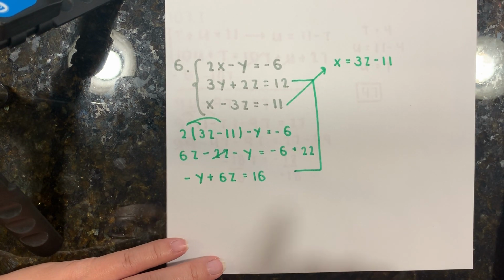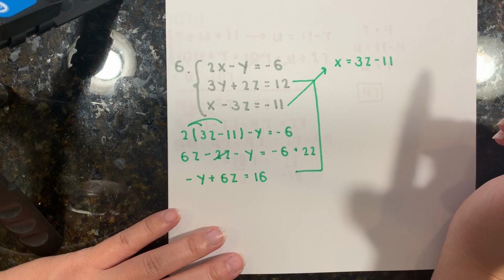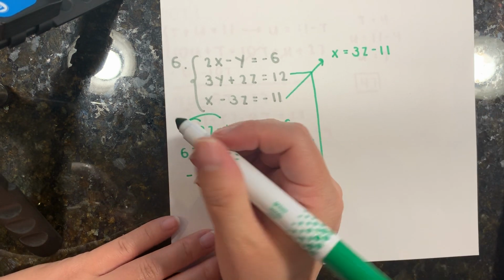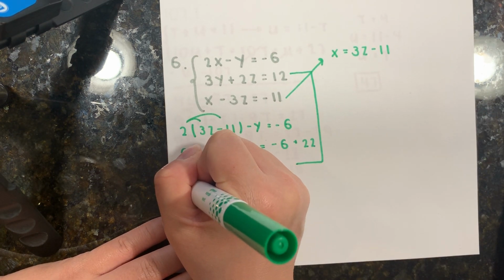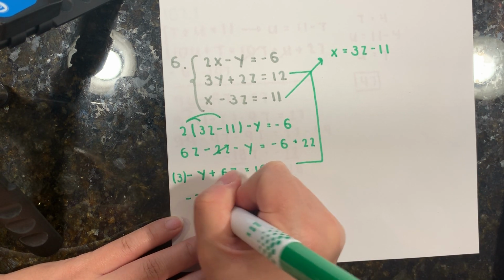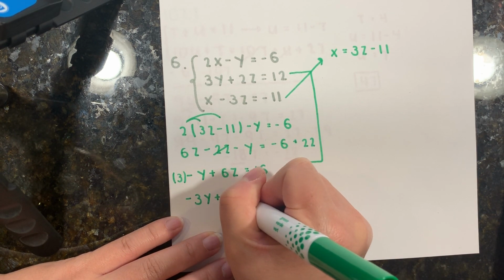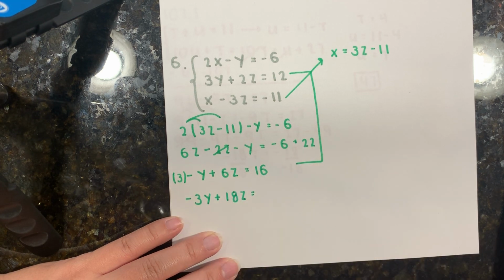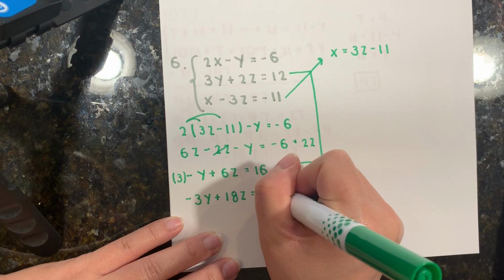And I could either eliminate y or z. So if I eliminate y, I'm going to multiply this equation by 3. So that would give me negative 3y plus 18z is equal to 16 times 3, which is 48.